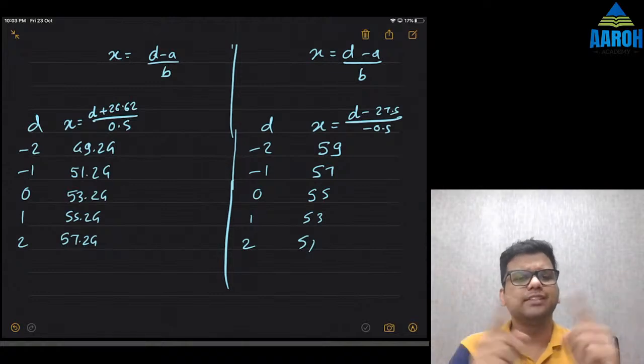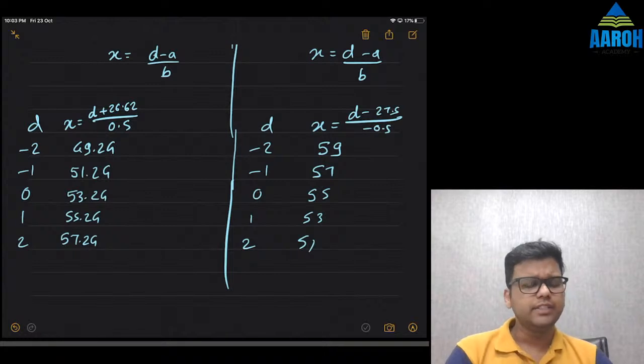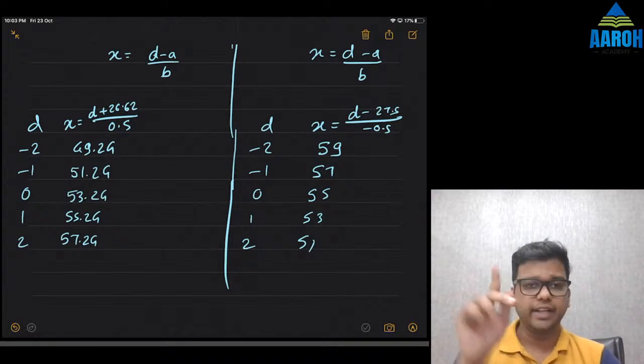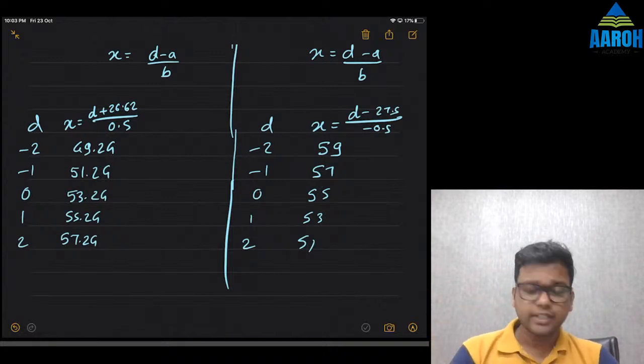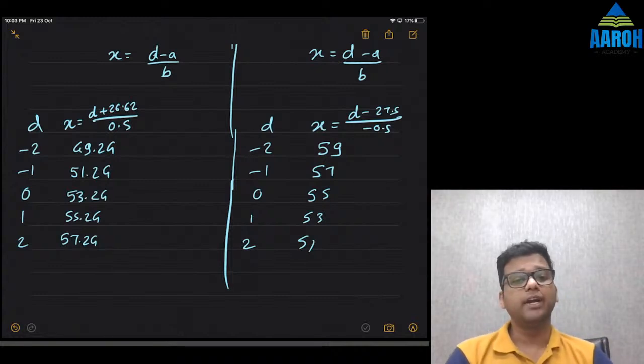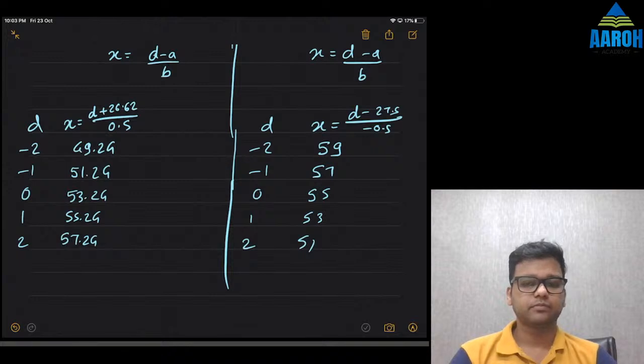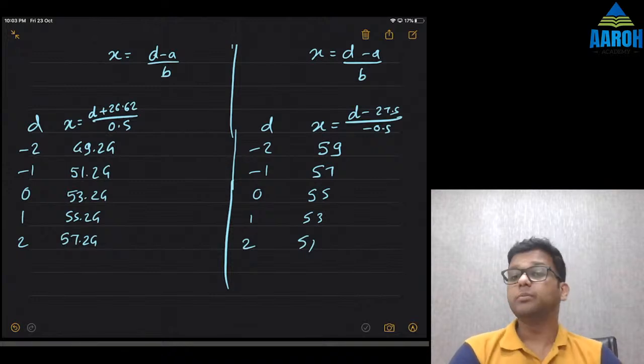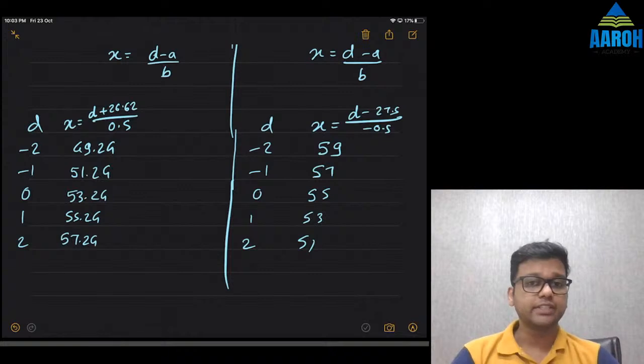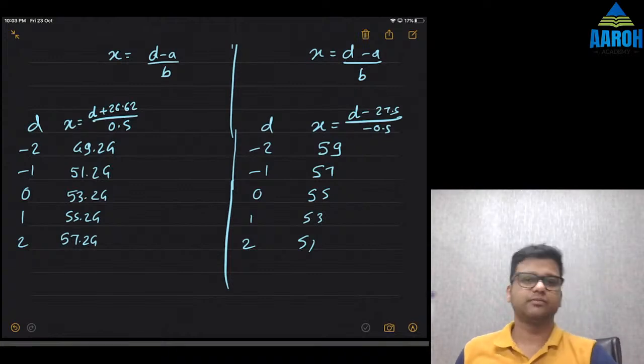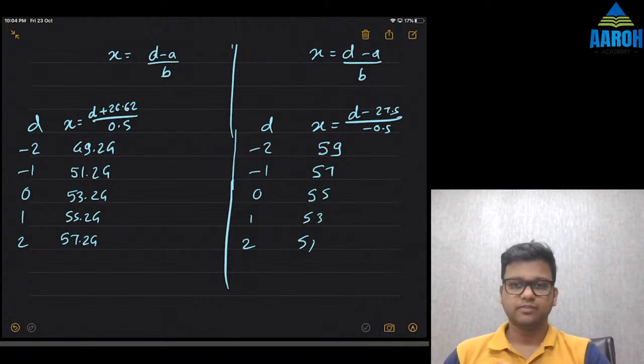We have to convert it to classes, but I hope you can do it. These are class marks; you can convert them to classes by taking averages. But this is the basic answer. Frequency will be the same, it will not matter for frequency. So this was a bit complicated question. Let me know if everyone is clear with this.